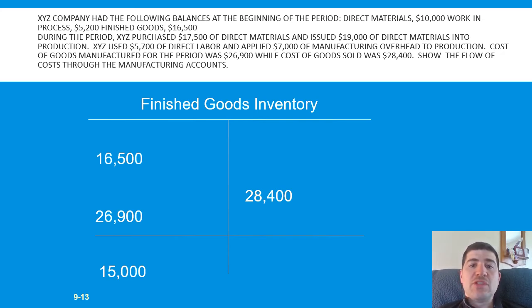So we saw that we brought in $26,900, plus the original $16,500 that we already had. And then we sold $28,400. So again, you can see beginning plus our additions minus our takeouts, our sales at this point gives us a new result.